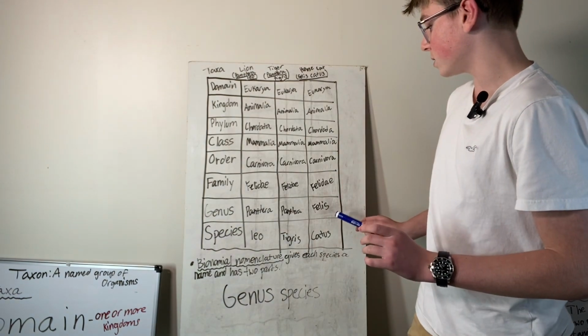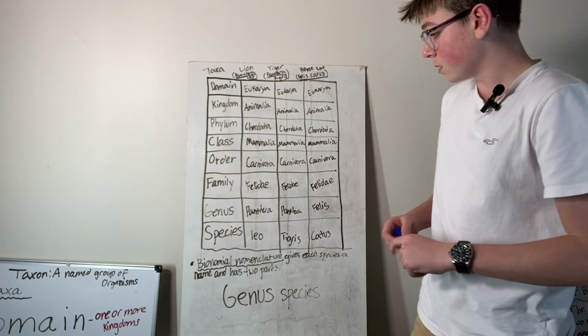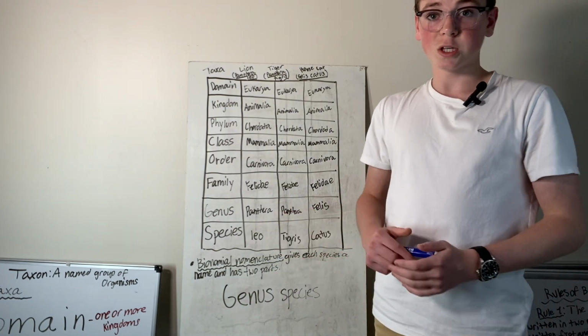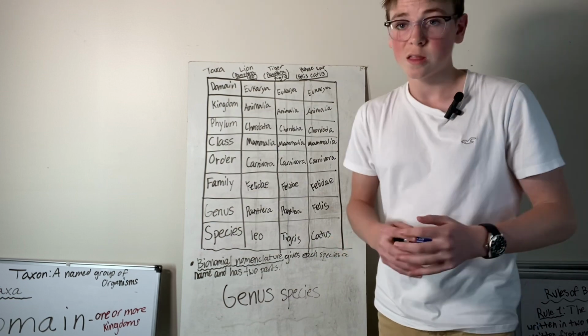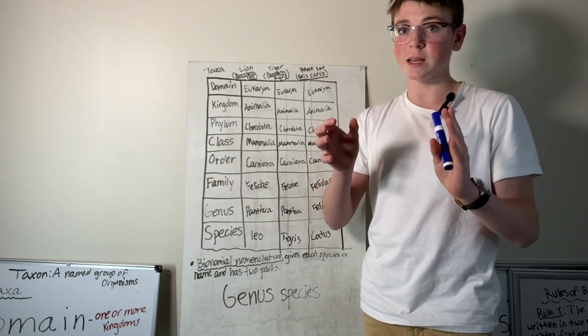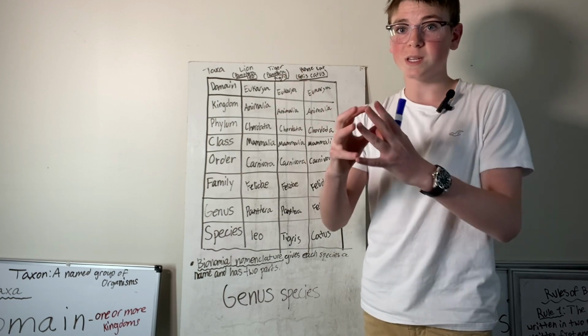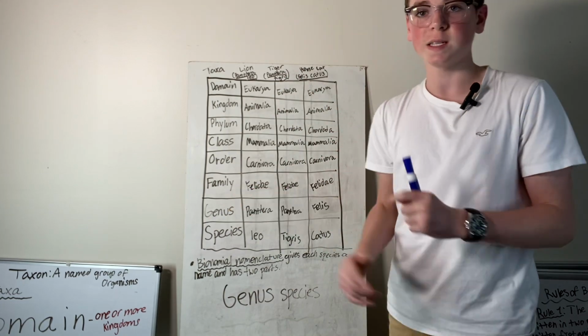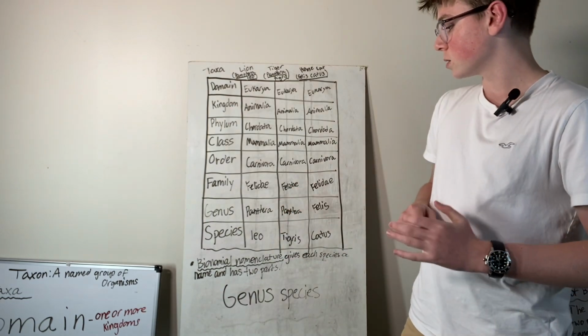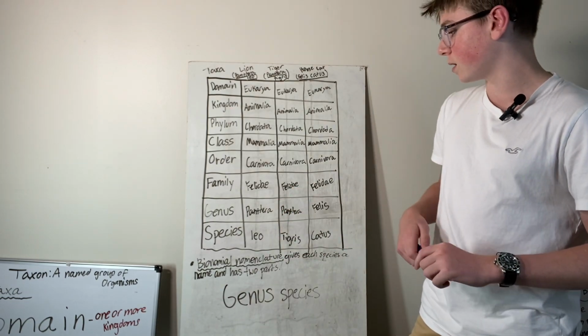So it is in a different genus, but when you look at Panthera, the genus, and Felis, the genus, they're pretty similar. So those related genera group together, and then they're put into a family together, and they're the cats, the Felidae, felines.